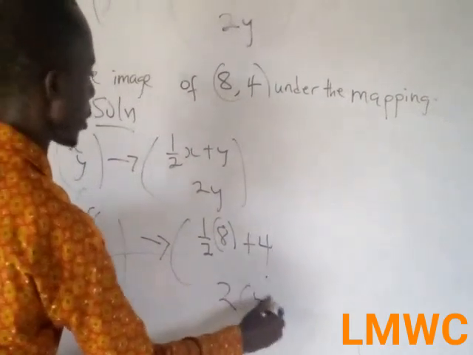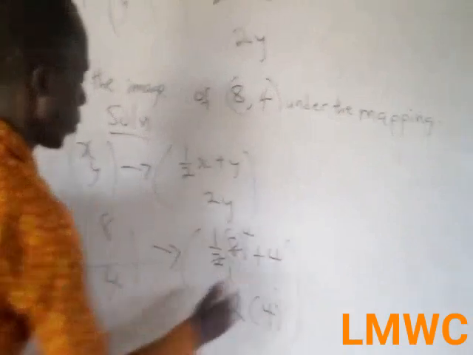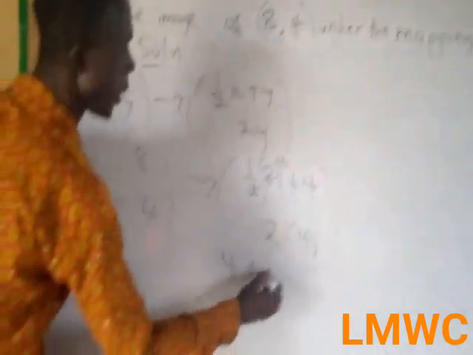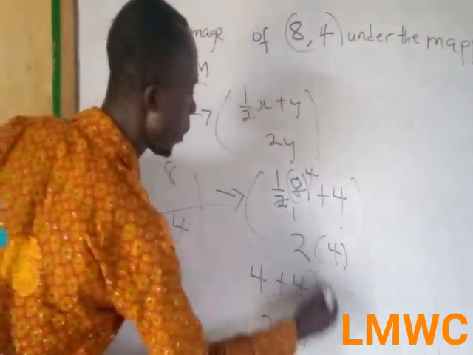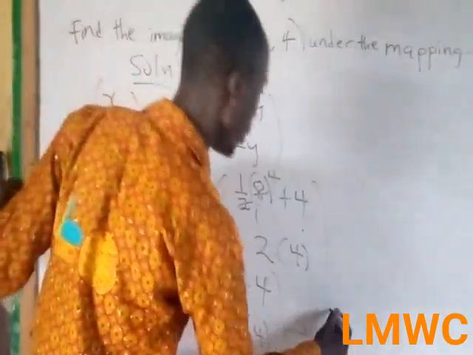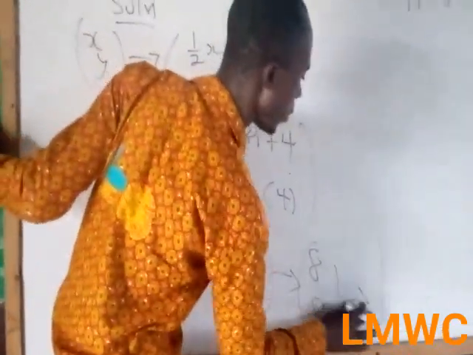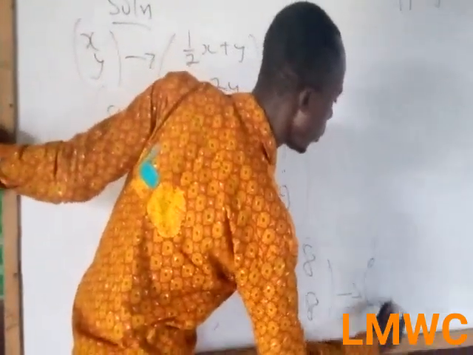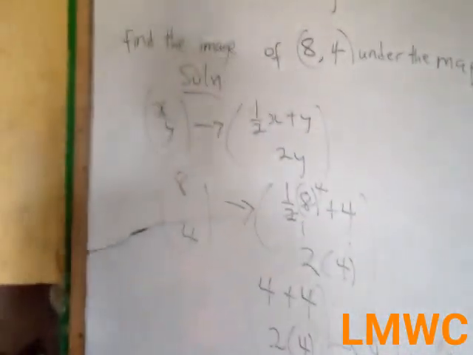Half of 8 is 4, so it's 4 plus 4, which is 8. Then 2y is 2 times 4, which is 8. So we have (8, 8). That's the answer.